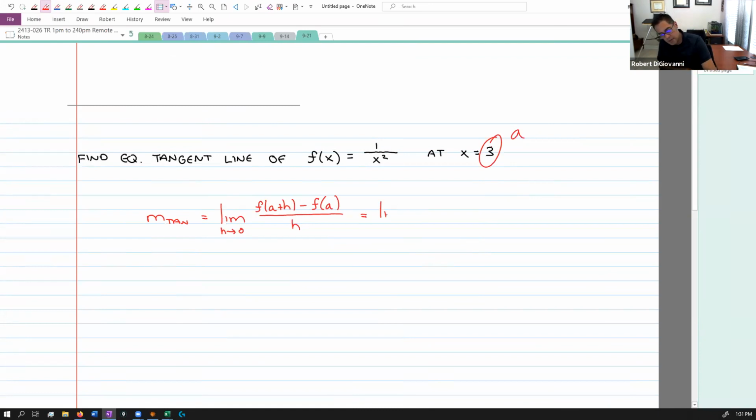So this will become the limit as h approaches 0 of f of 3 plus h minus f of 3, all over h. So all I did there was replace the a's here with 3's, right?